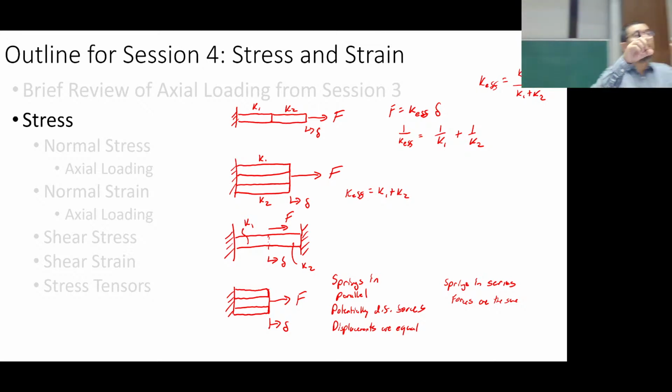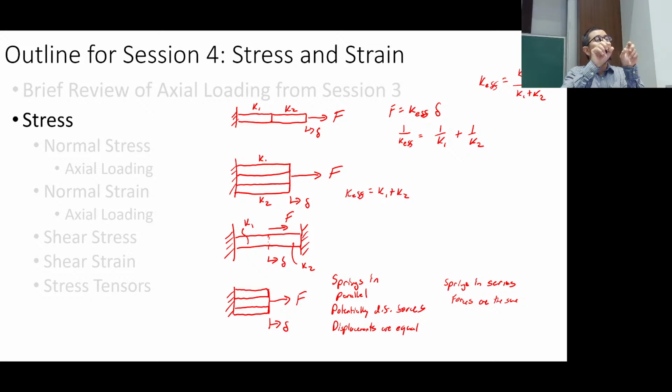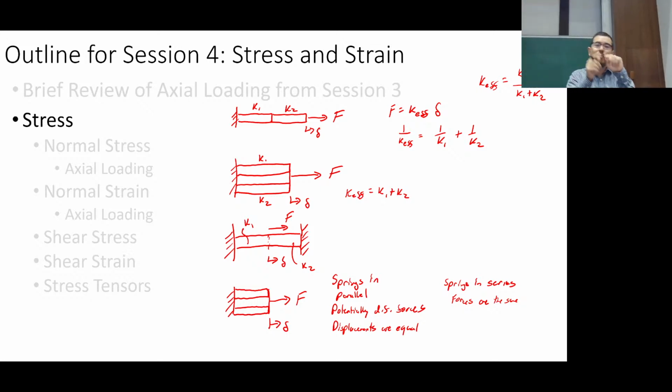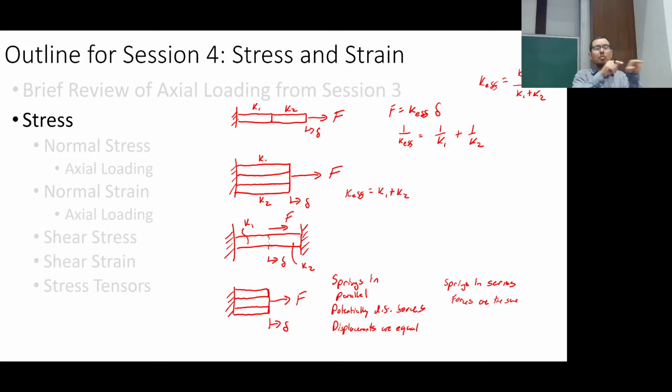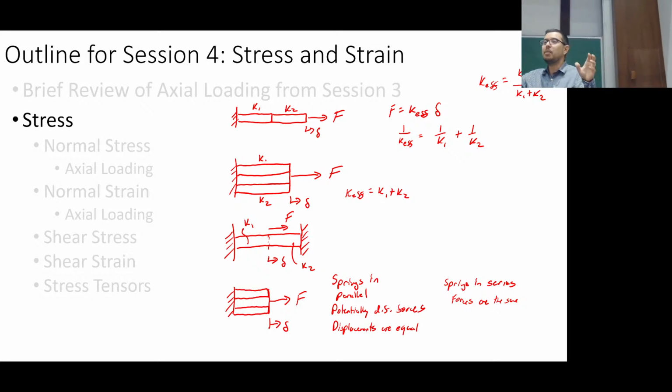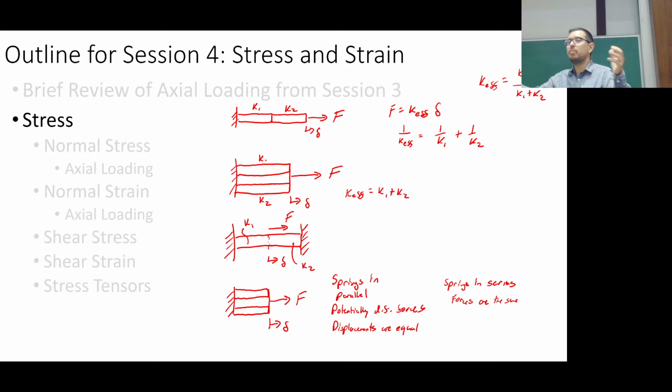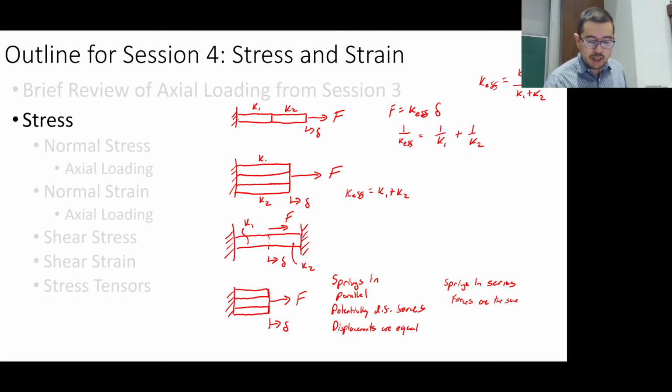But think about it: yes, there are going to be different forces in between people, but if I just have a long rope, the force is the same, right? It's just a wire or a cable. Back from your physics days, the force is the same throughout that cable. So forces are the same.